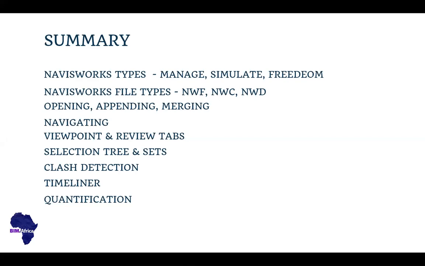Like I noted, the structure used in Navisworks is as determined by the authoring modeling tools. I might intentionally not mention Revit because we have a lot of other modeling tools such as SketchUp and ArchiCAD.